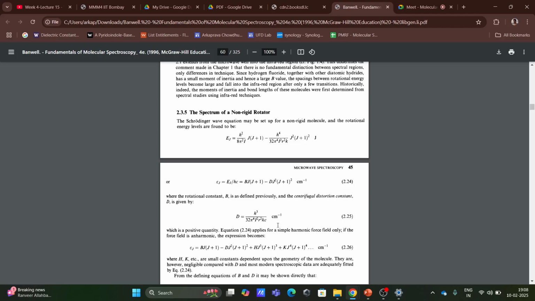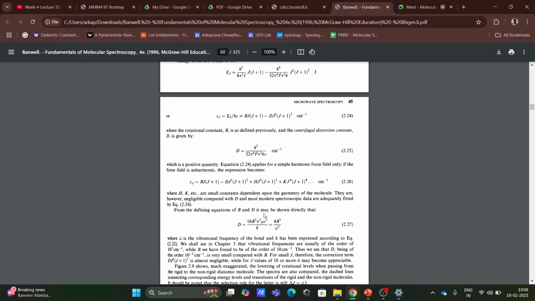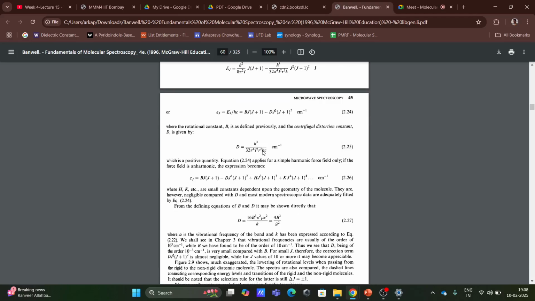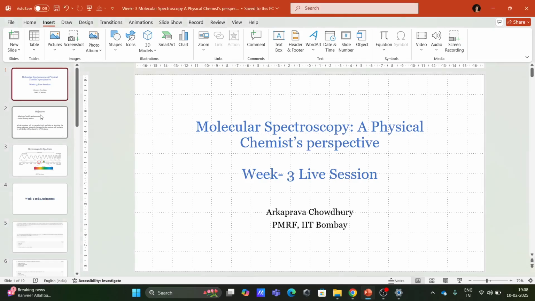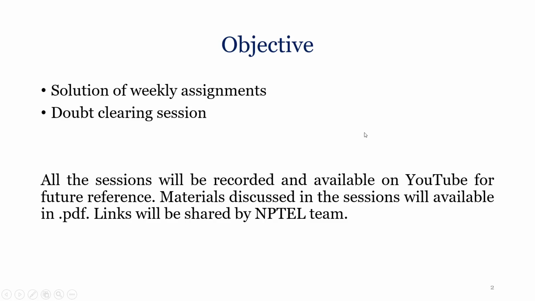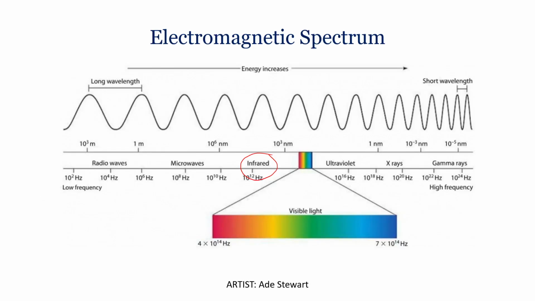And also there is a constant term, the force constant. You are going to see this also in IR spectroscopy. So that was the part I intended to discuss before diving into today's discussion. These are the things I already cleared, right? You will get this video and all.